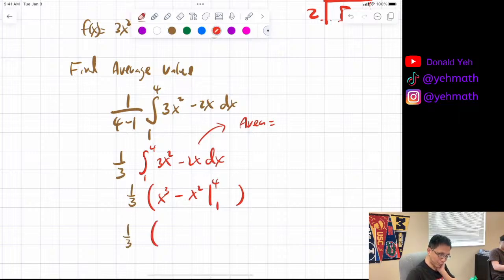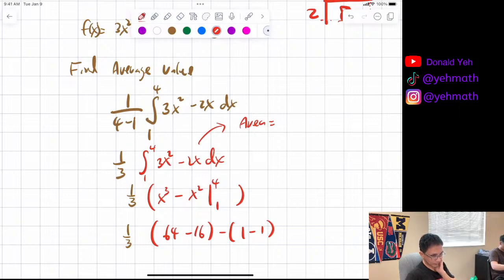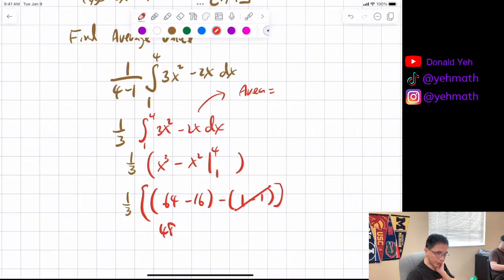The other part is 64 minus 16, minus 1 minus 1, which is 1 minus 1, 0. So it's 48, and 48 times 1/3 is eventually equal to 16.